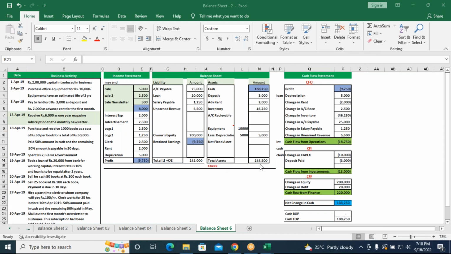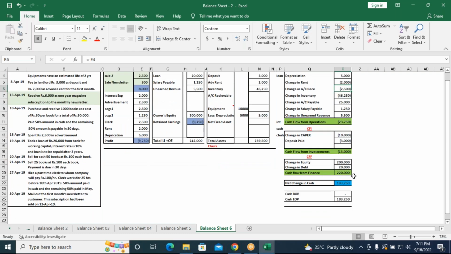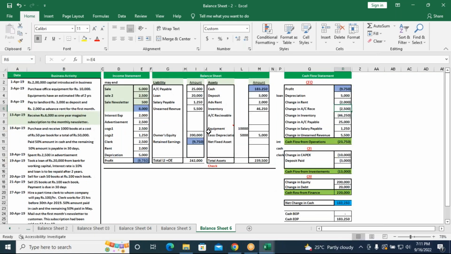Okay, still we are getting the difference. So anywhere we have made the mistake. Did you people try it out? Here I have not put the receivable.